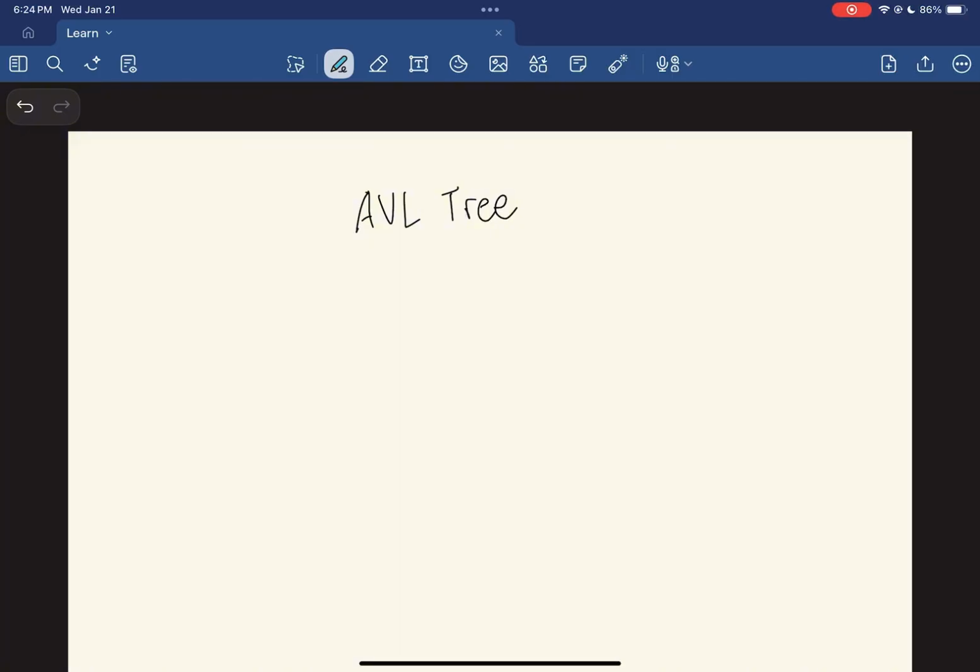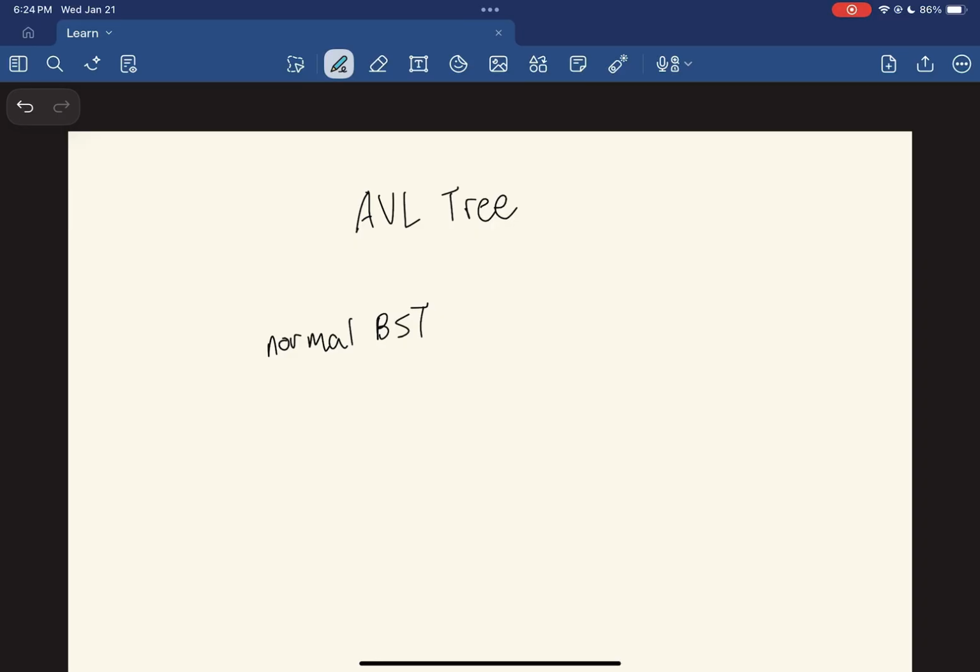Okay, so in a way, think of AVL trees as an advanced BST, an advanced binary search tree. Let's first think, why do we even need AVL trees? The thing with a normal BST is that there's a problem.